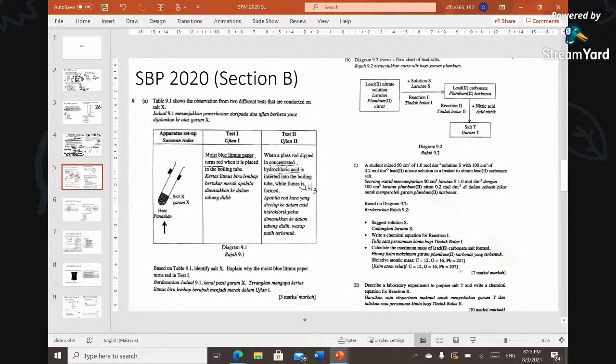Okay, ammonia gas and HCl gas, when they meet up, there is white fume. Okay, based on table 9.1, identify salt X. Explain why the moist blue litmus paper turns red. So identify salt X, you will get 1 mark. And explain why moist blue litmus paper turns red.